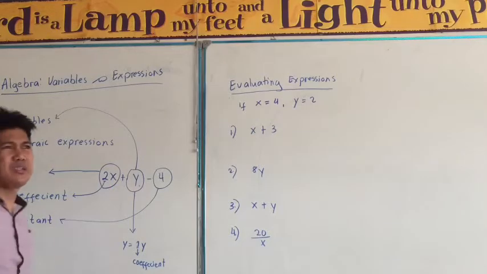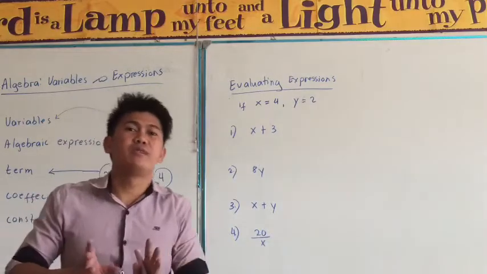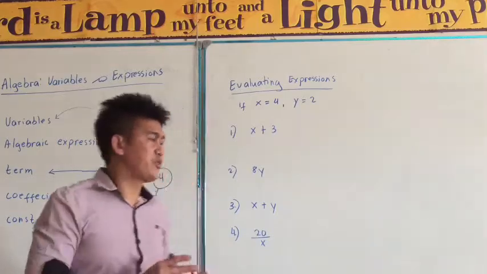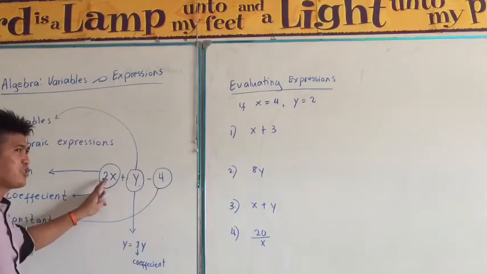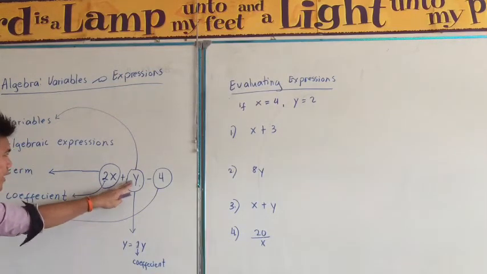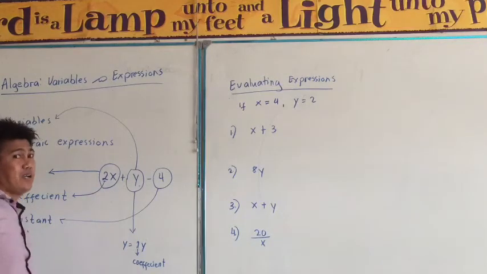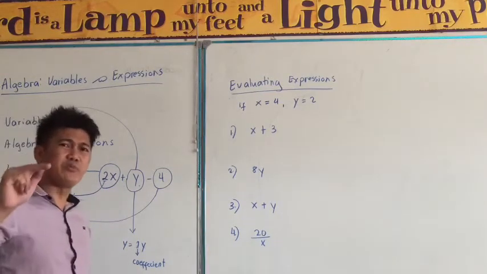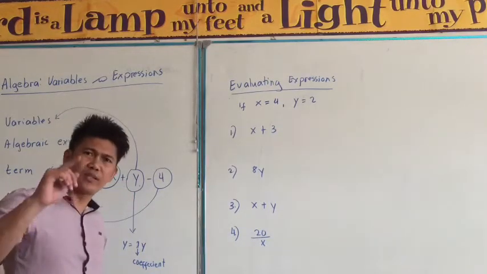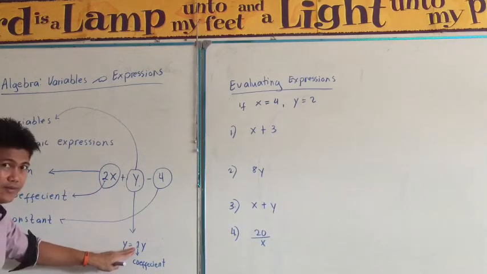In other words, in layman's terms, the coefficient is the number in front of the variable. In this case, in front of x is 2, so 2 is our coefficient. How about y? There's no number there. I'll tell you this: in algebra, if you cannot see a number there, it is automatically 1. So in y, the coefficient is 1.